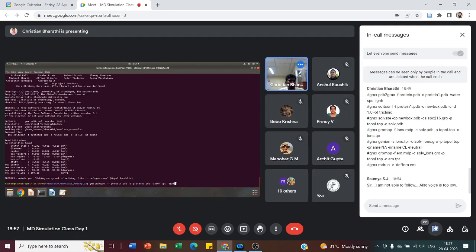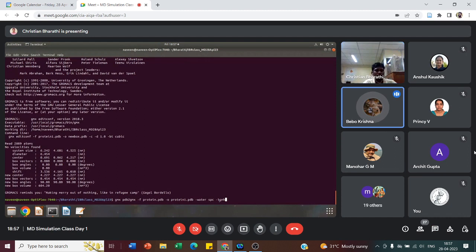Each flag has a different function. This one reads this file and writes this file as the output. And for water, we are just specifying that we are going to use this water molecule, and we are ignoring hydrogen.